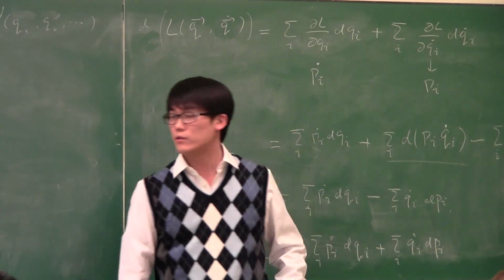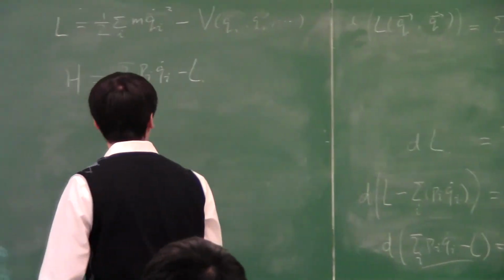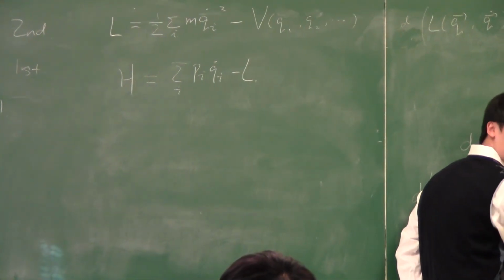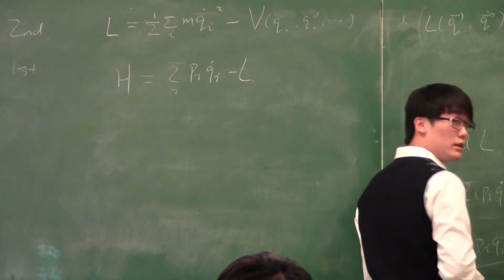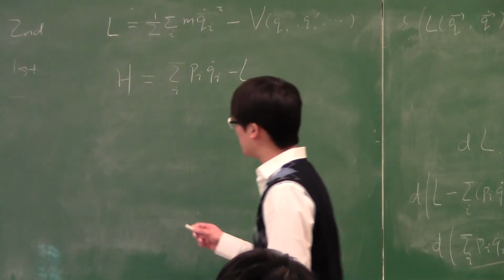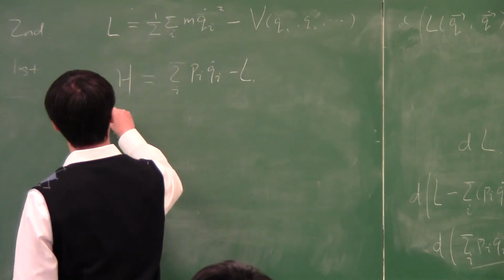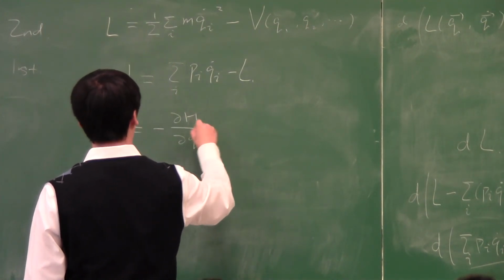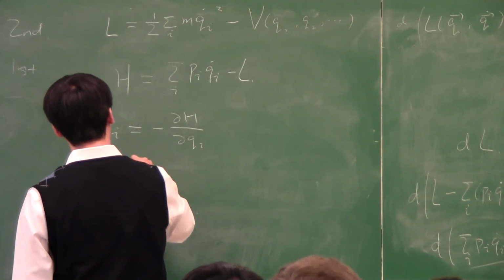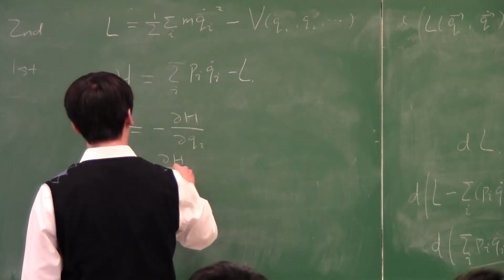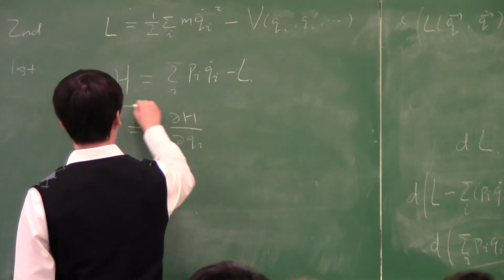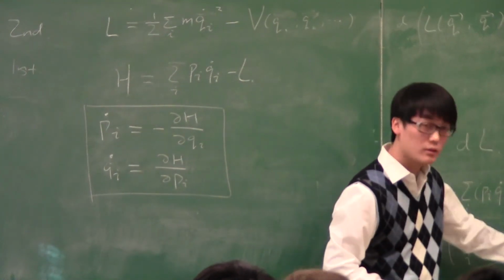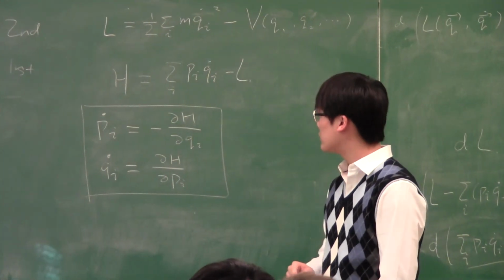its component. So from here we can read off the equation governing the time variation in the momenta and the coordinate. Reading off from this equation, it says that this is the equation of motion derived from the Lagrangian in the Hamiltonian formulation.